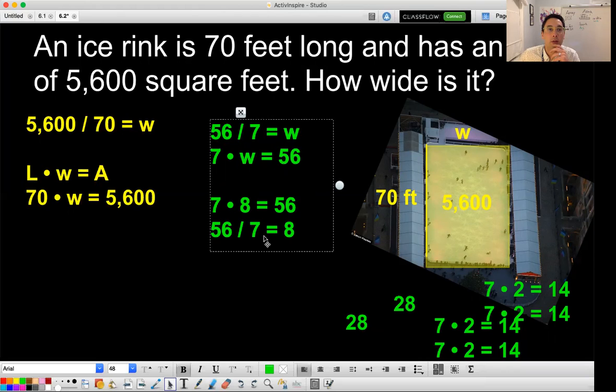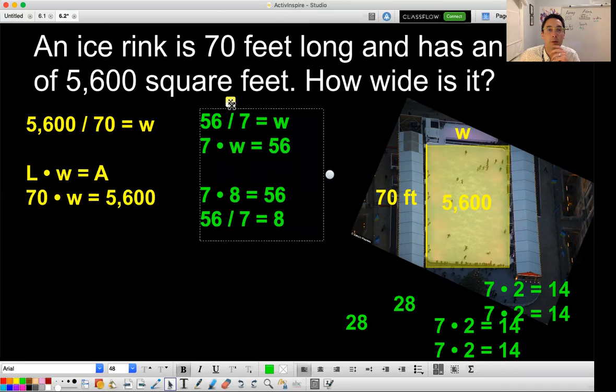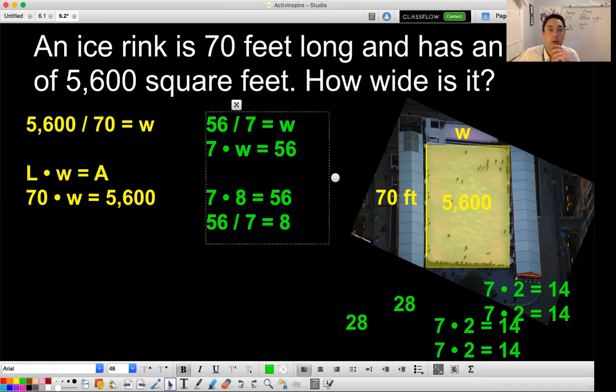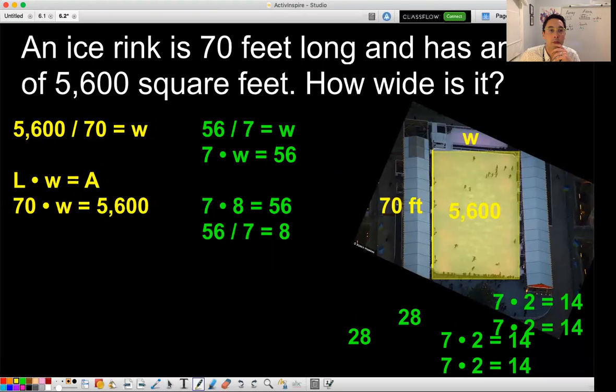So now we need to take this basic fact and try to get it over here. So I'll try to make these parallel here. How can I connect? Let's do a little pink. How can I connect this basic fact with this extended fact? 70 times something equals 5,600.